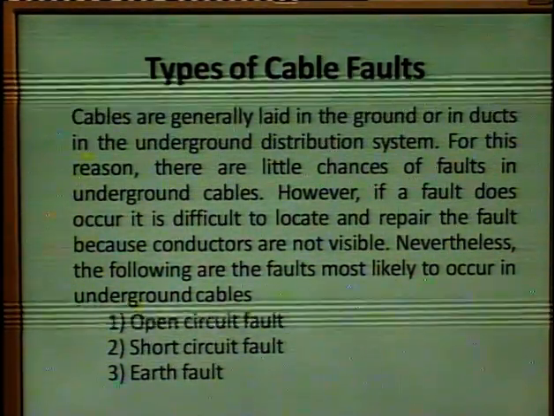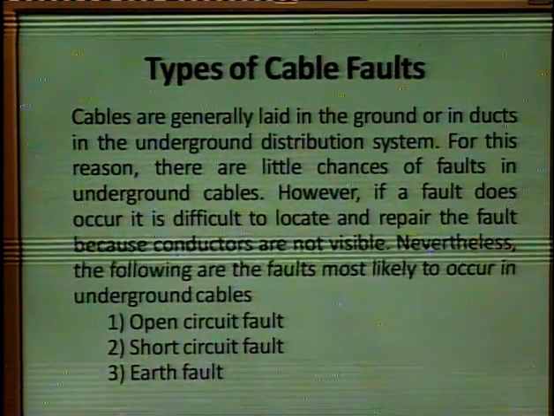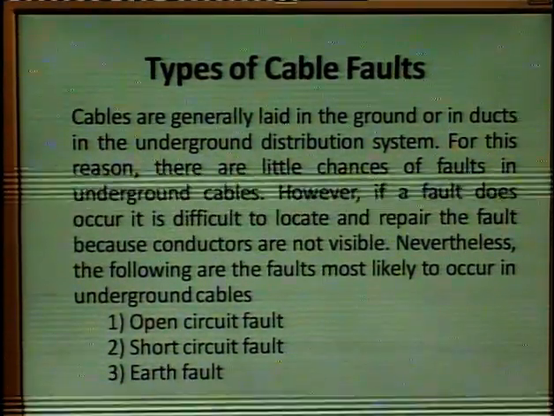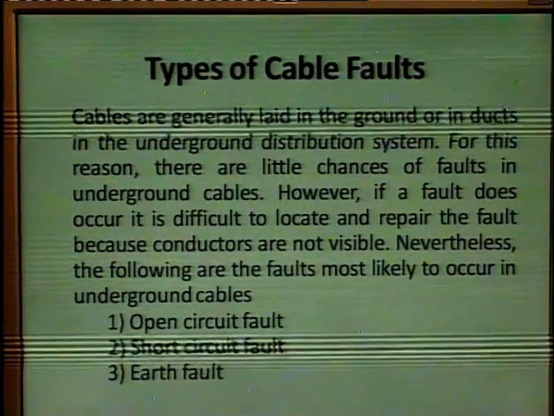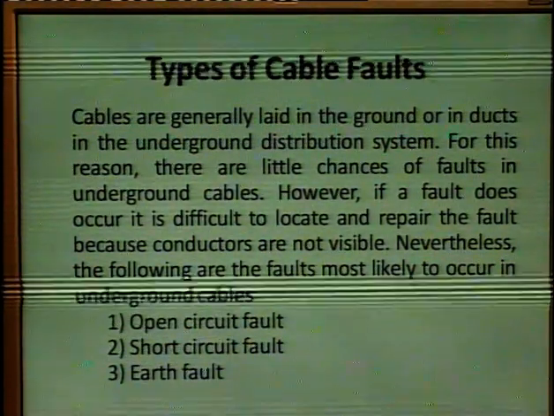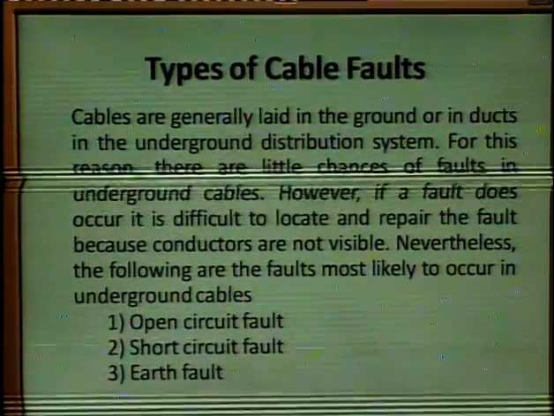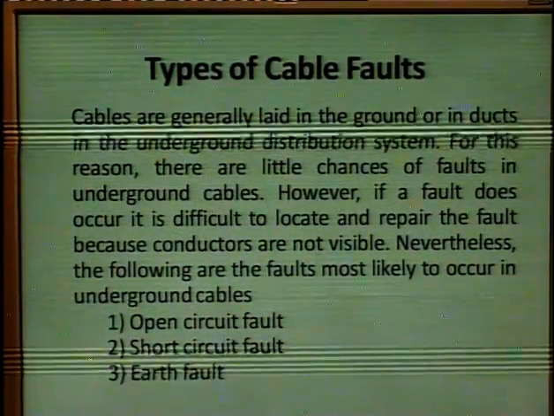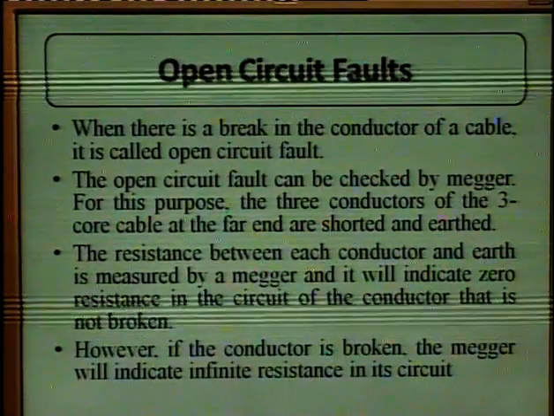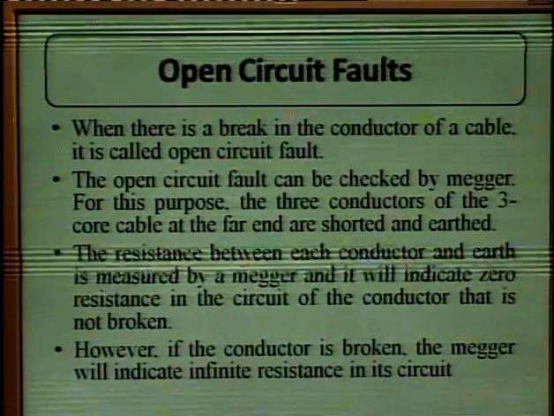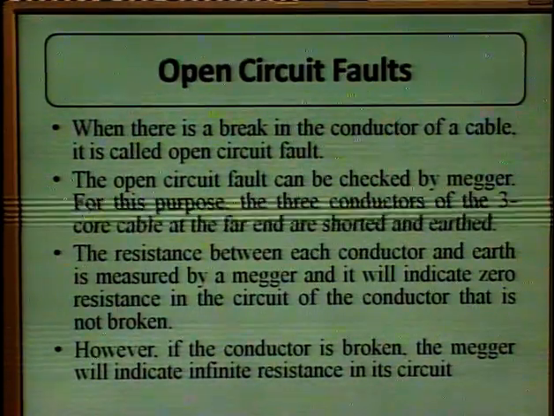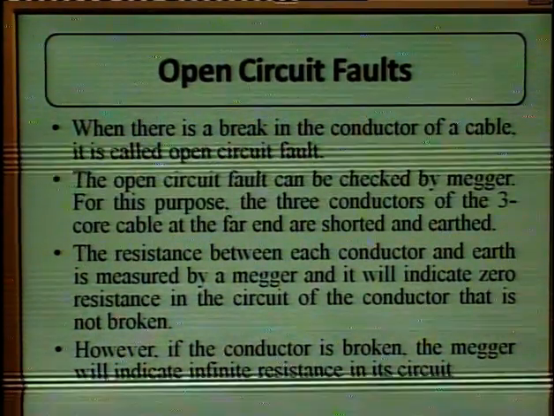So the most likely faults that occur on the underground cables are open circuit fault, short circuit fault, and the earth fault. In the open circuit fault, when there is a break in the conductor of a cable, it is called the open circuit fault.